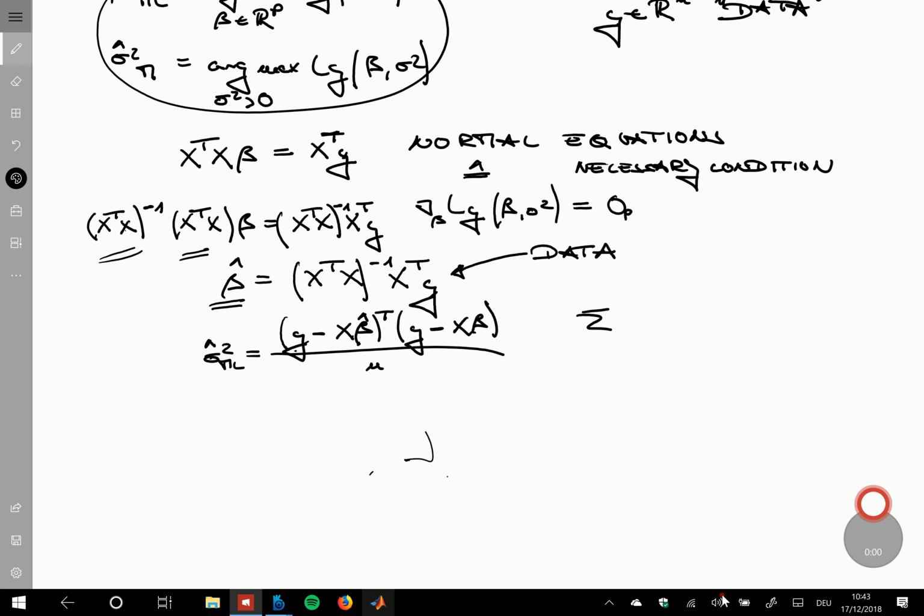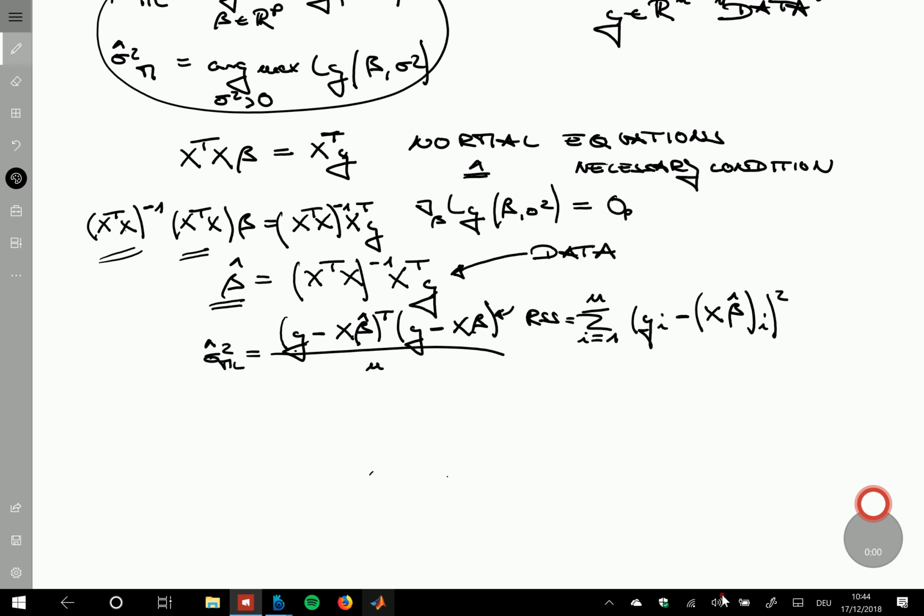So this thing in the numerator is just y_i minus x beta hat, the prediction based on your estimate, squared. So this is a sum of squares, the residual sum of squares, that's something that you know. And if you do maximum likelihood, it's divided by n.